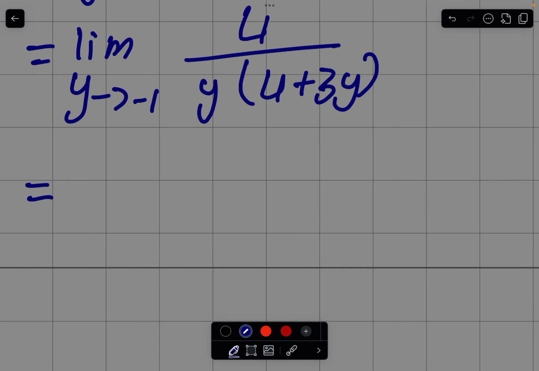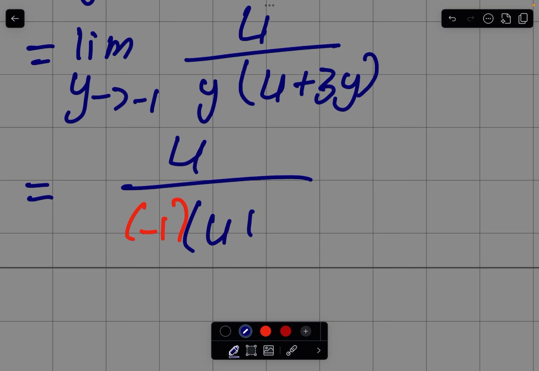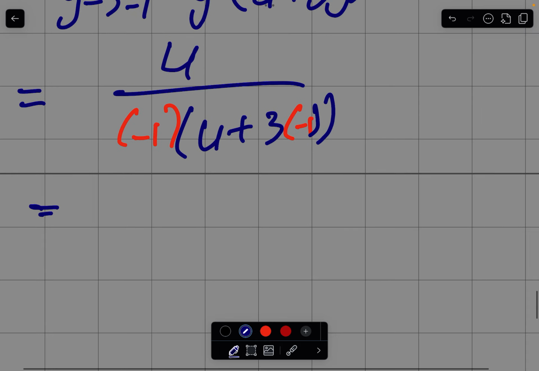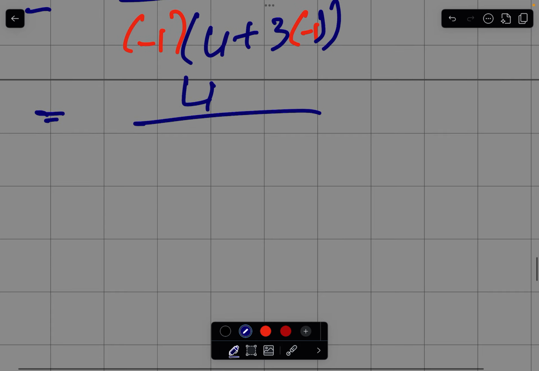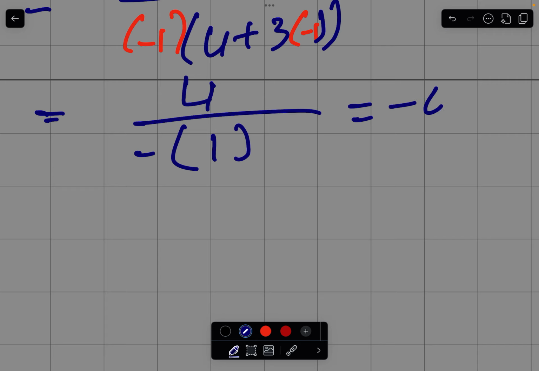Therefore, you're going to substitute -1. You're going to have 4 over -1 times 4 plus 3 times -1. 4 minus 3 is 1. Therefore, your answer is -4.